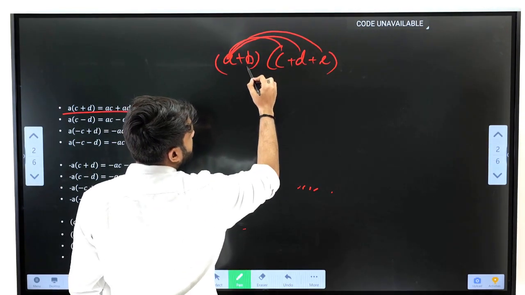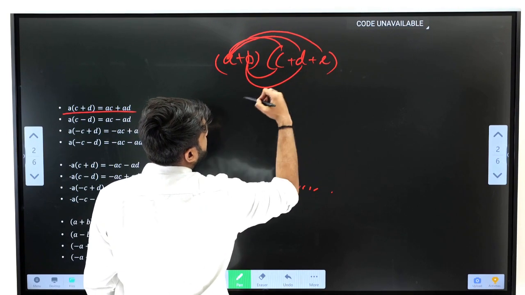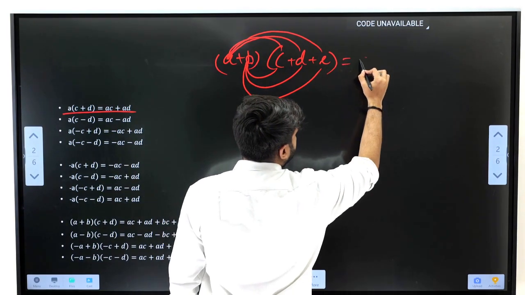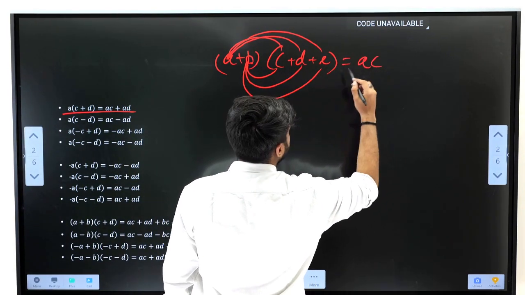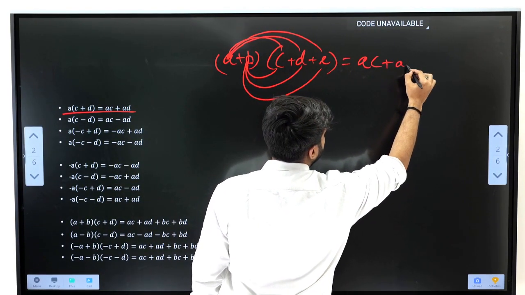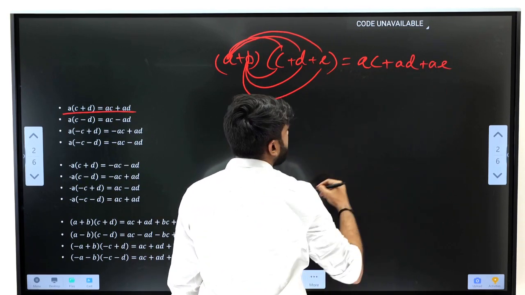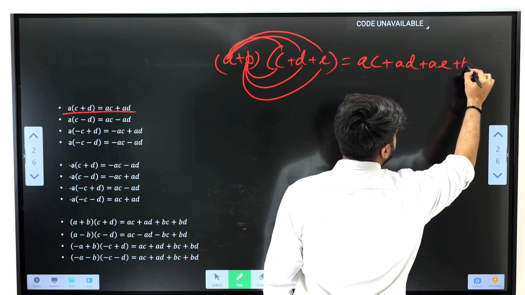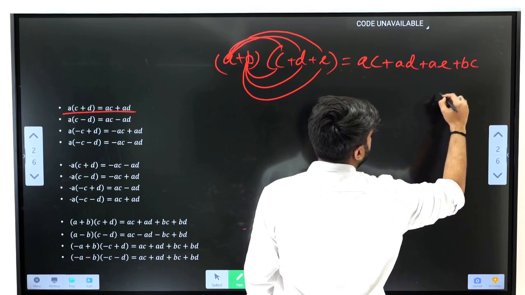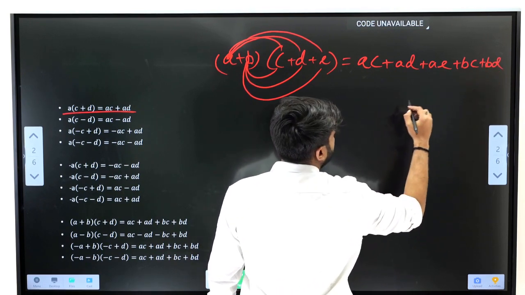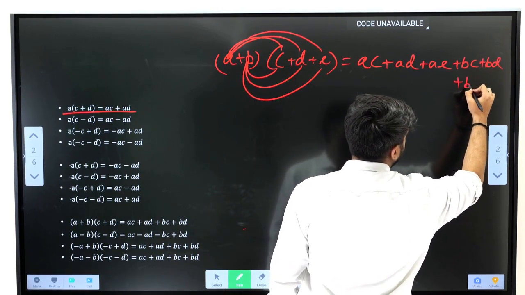Same way, b needs to be multiplied with c, then b needs to be multiplied with d, and then b needs to be multiplied with e. So a into c gives me ac, a into d gives me ad, a into e gives me ae, b into c goes on to give us bc, b into d goes on to give us bd, and b into e goes on to give us be.